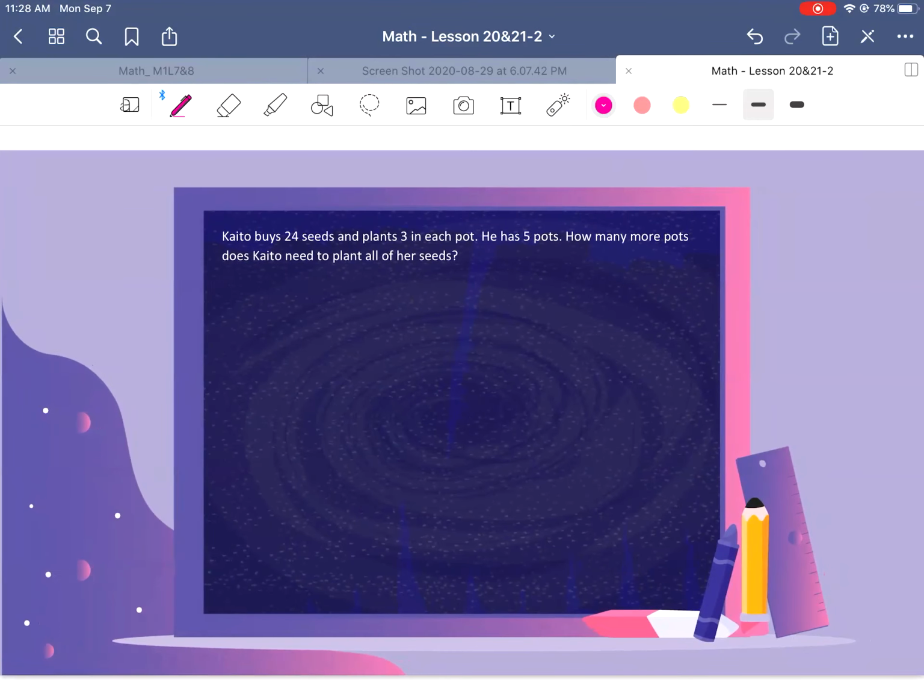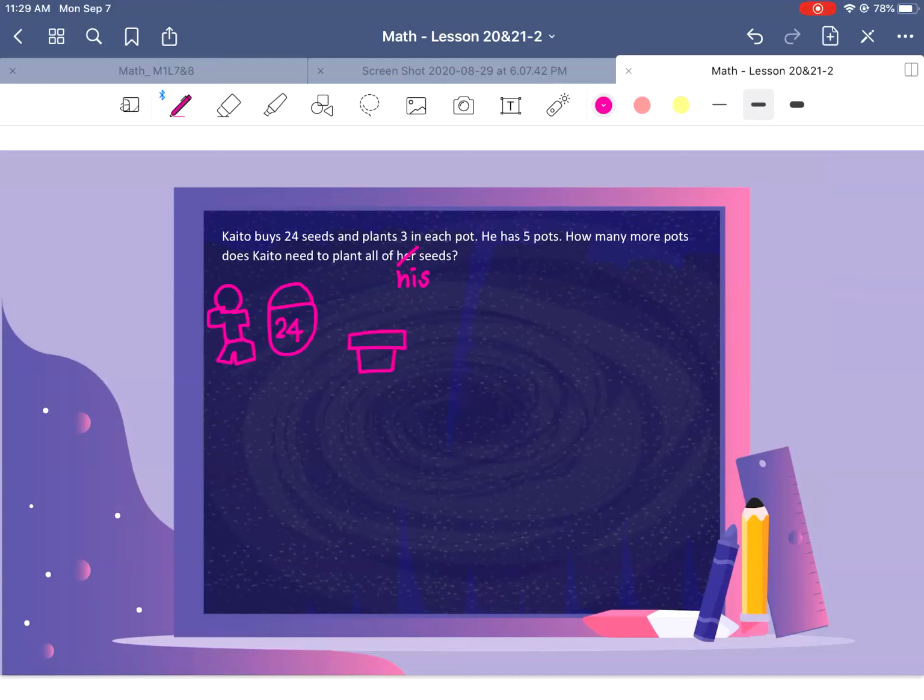So we're going to do the last question. Kaito buys 24 seeds and plants 3 in each pot. He has 5 pots. How many more pots does Kaito need to plant all of his seeds? So here is Kaito. And he has 24 seeds.